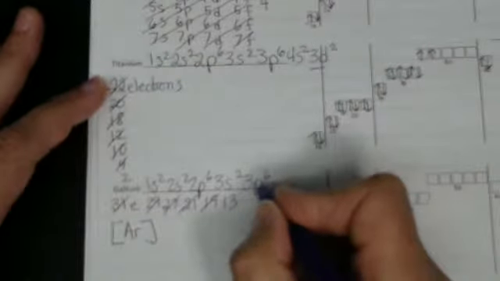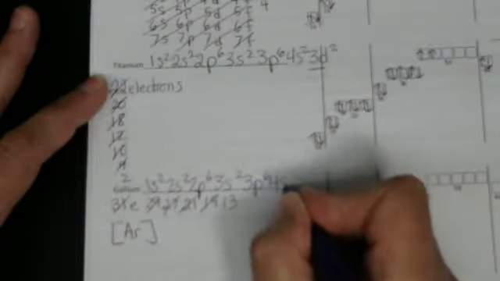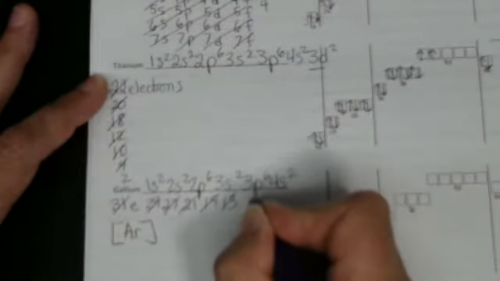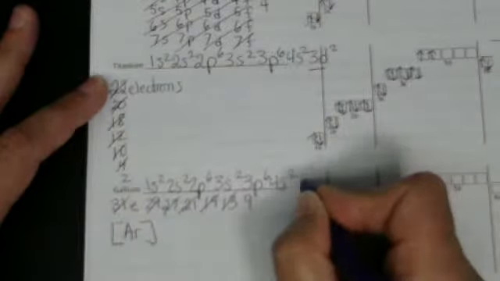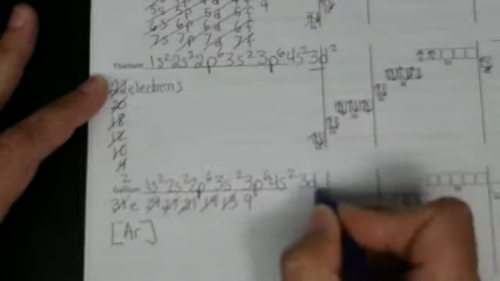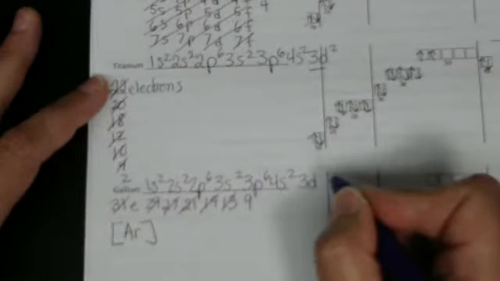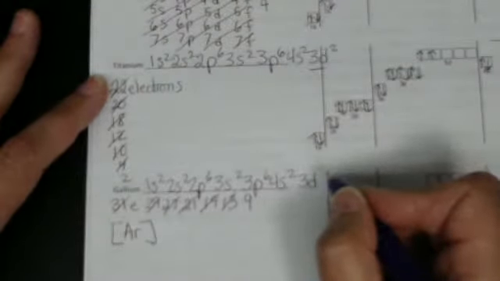Now remember, after 3p, we're going to go to 4s, and we can fit 2. And now we go to 3d, and the d shell has the ability to hold 10. I've only got 9. Did I do that right? Let's check my math. It should be at a 4p. 31, so 29.